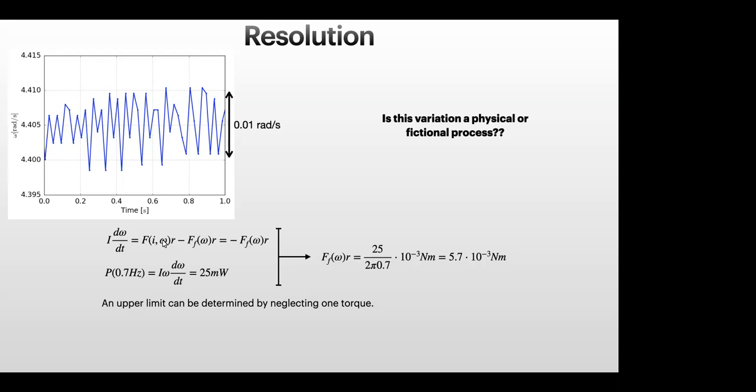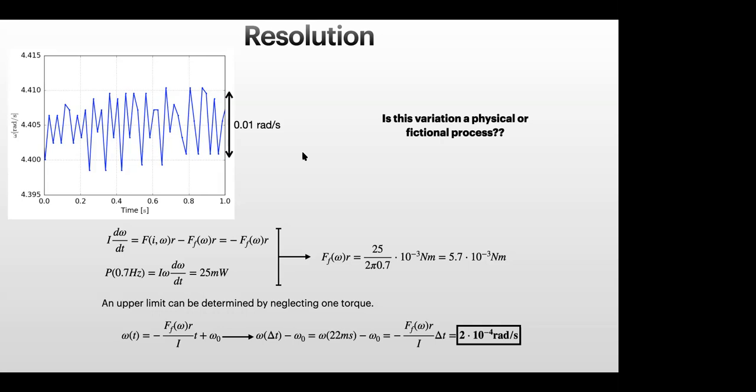And so if we neglect one of these two terms, we have an upper limit of how much could be the angular velocity variation from one slot to the following one. This is only due to the inertia of our system. So this is the most pessimistic case. And we found a value that is 2 orders of magnitude lower than the one we see in our data.